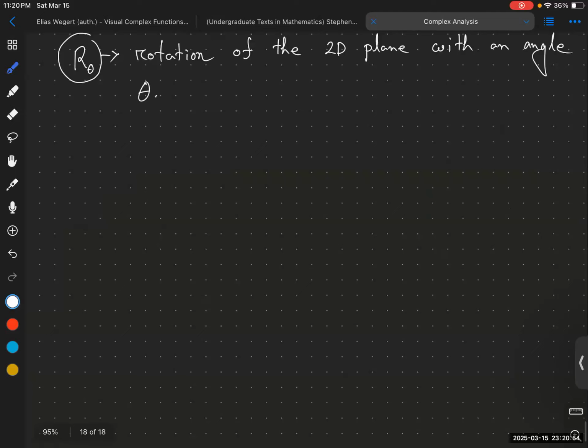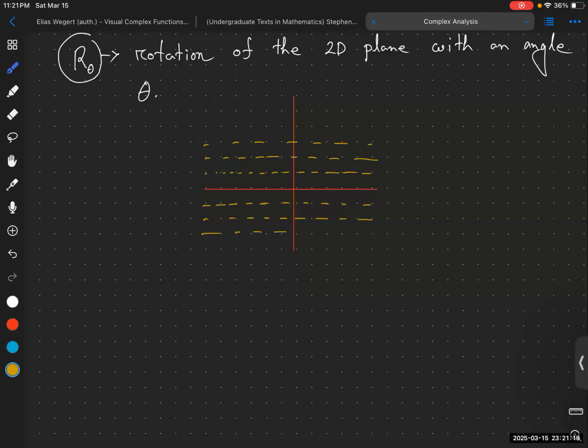That means, let's say this is our coordinate system. So there are some grids here. Let's say these are some grid points, some horizontal grids, as well as some vertical grids.